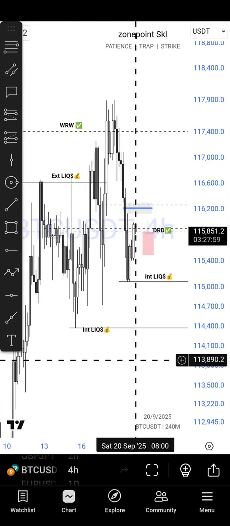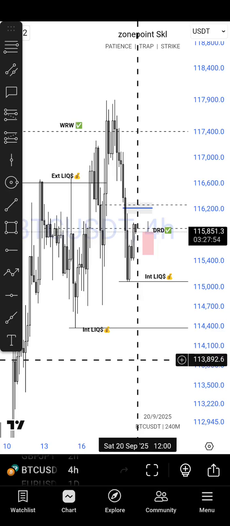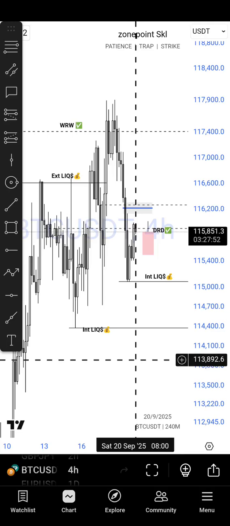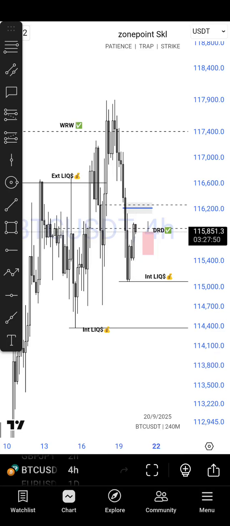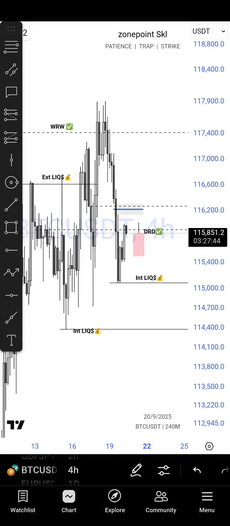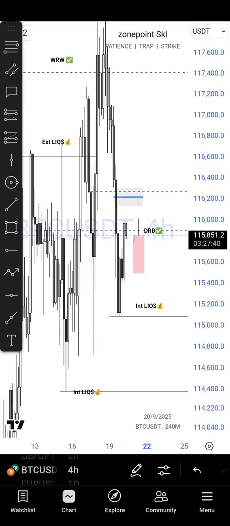This current candle that is forming, we still have about 3 hours for the candle to form. By the close of the candle, we're expecting the price to come down bearish like this. Once the price comes down bearish, I can start selling from it if I want to use my 4 hours as confirmation.